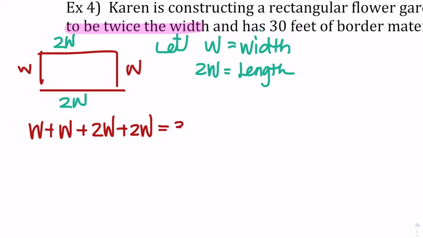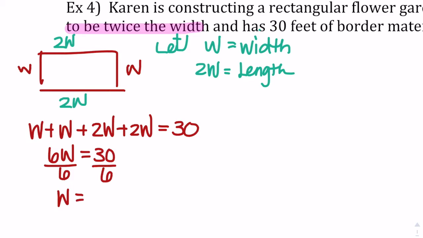That's equal to 30. If you add them together and simplify, that's 2 plus 2 plus 1 plus 1: 6W equals 30. Divide by 6, divide by 6. W is going to be equal to 5. That means the width is 5.